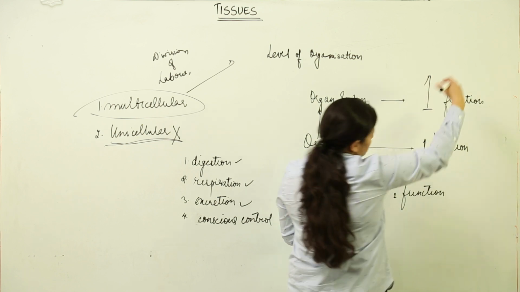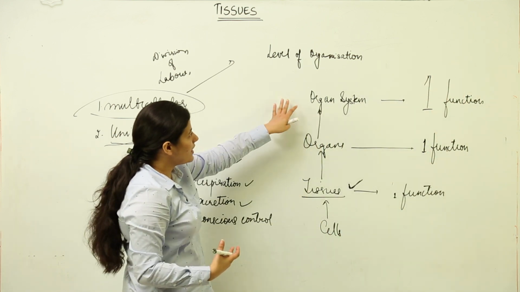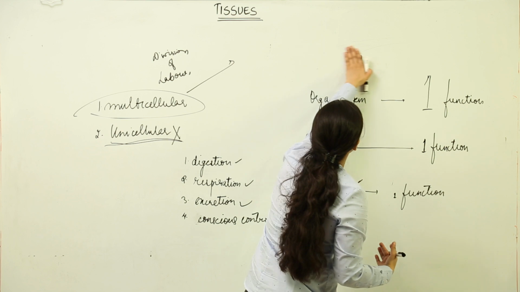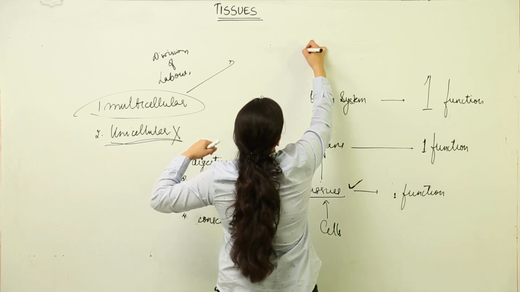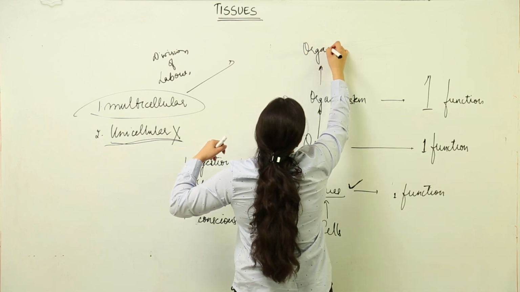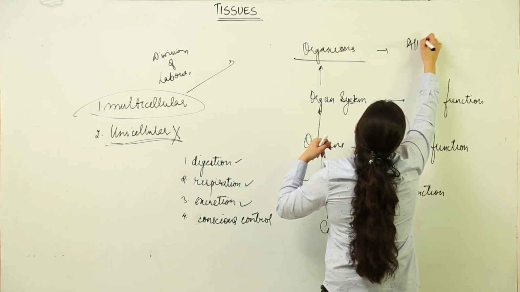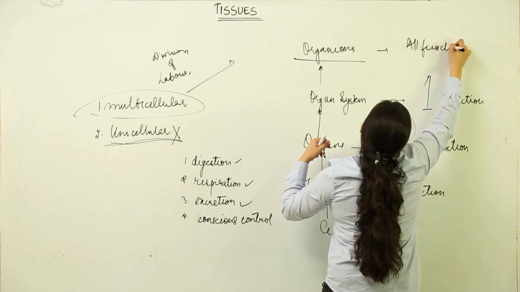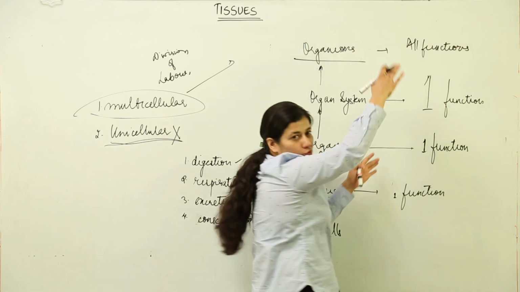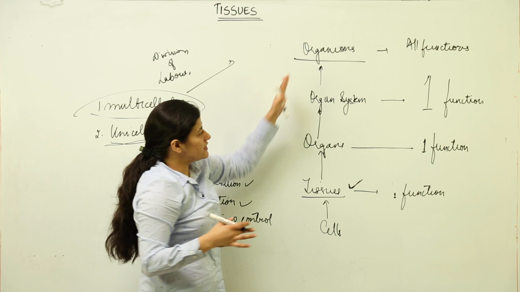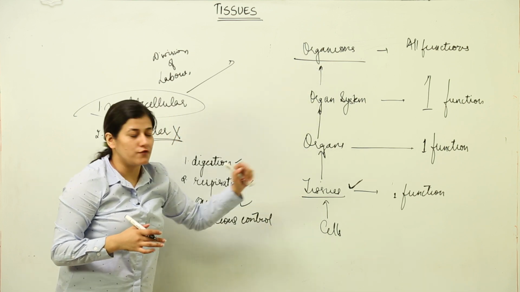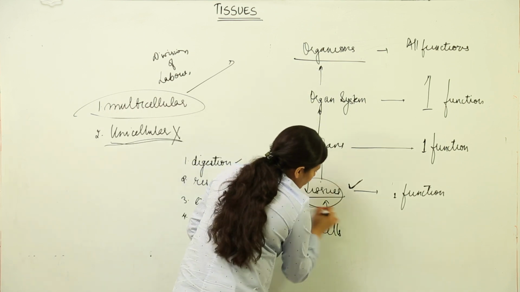See, the size of one is increasing. Then we have the highest level of organization, the organism, which performs all functions, and the one over here would be so huge that it wouldn't fit on the board. So basically this is the level of organization we have to deal with.